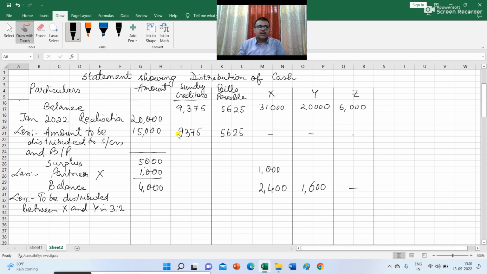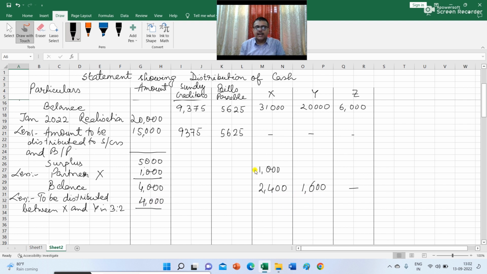So altogether, the realization of 20,000, which was there in January 2022, so from this 20,000, first 15,000 will be paid to sundry creditors and bills payable. Then 1,000 will be disbursed to X, and from the remaining 4,000, the amount will be paid to X and Y in 3 is to 2, that is 2,400 and 1,600.